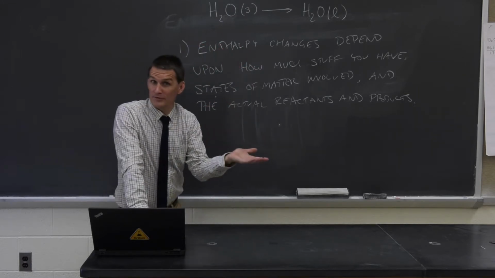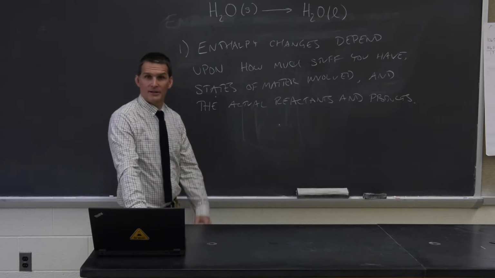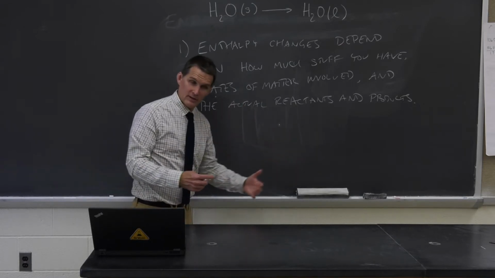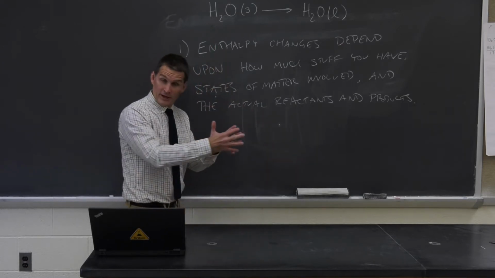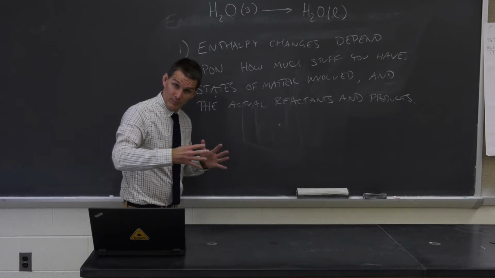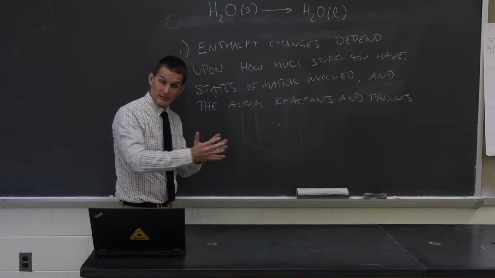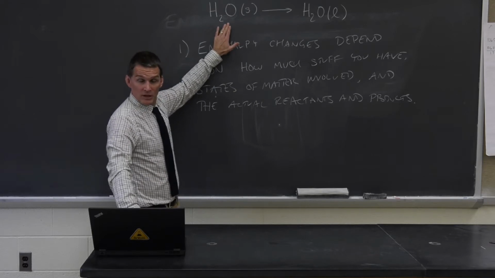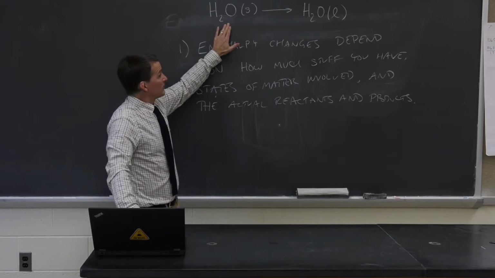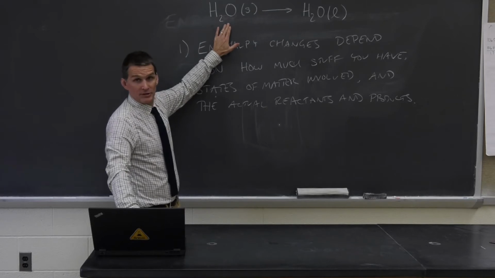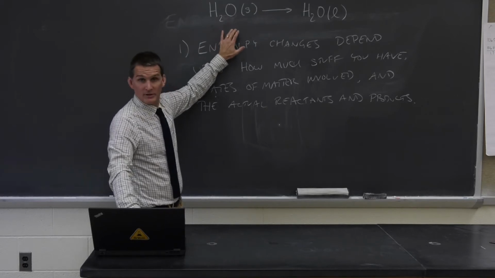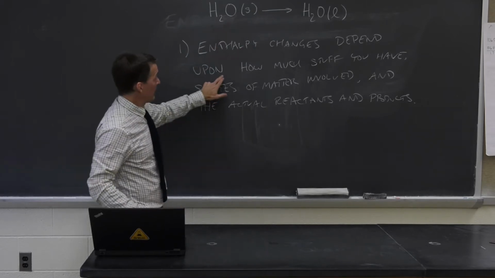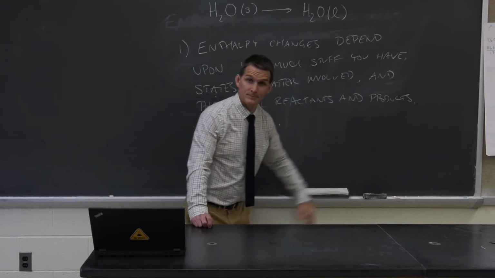It'll actually be double if you melt 2 grams. That should make sense. Melting ice requires heat going in, so it's going to have a positive delta H, a positive enthalpy. So melting 1 gram of solid water is going to require half as much energy as melting 2 grams of solid water. So it's going to depend upon how much stuff you have.